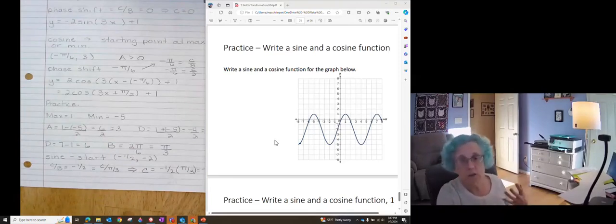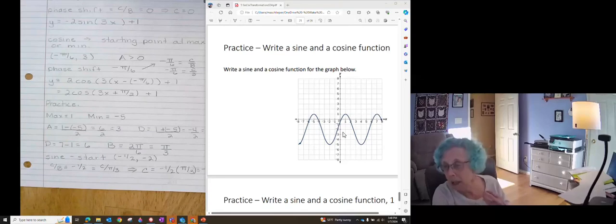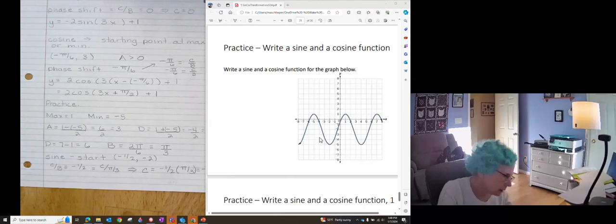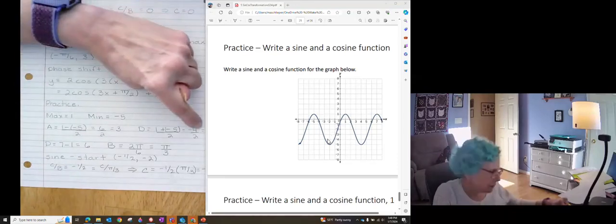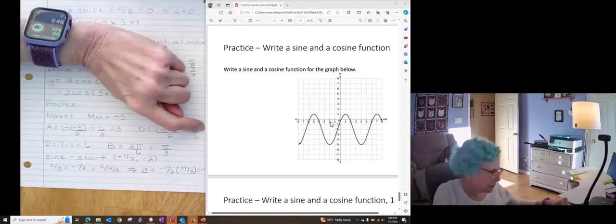So for sine, you look for a midline. So the midline is right here at -1/2. You also could have come over here and had your starting point at, actually, let's see, my midline is at -2.